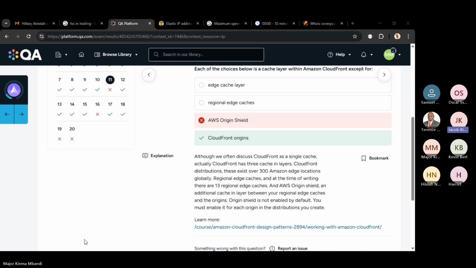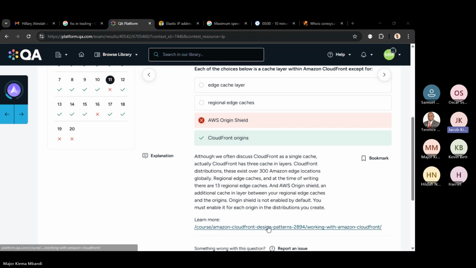For CloudFront distributions, there exist over 300 Amazon edge locations globally, regional edge caches, and at the time of writing, there are 13 regional edge caches, and AWS Origin Shield, an additional cache layer between your regional edge caches and the origins. Origin Shield is not enabled by default. You must enable it for each origin in the distribution you create.